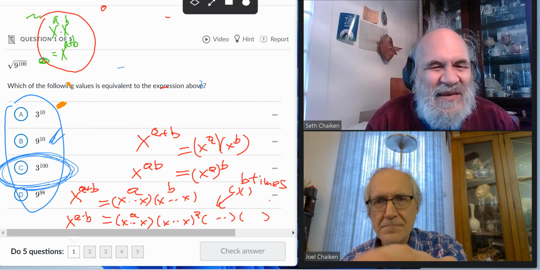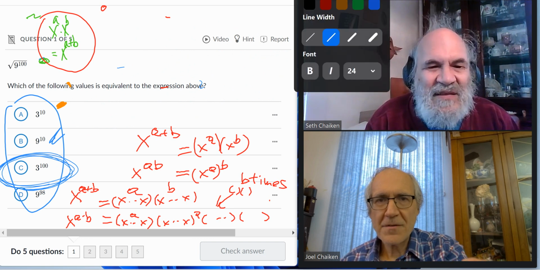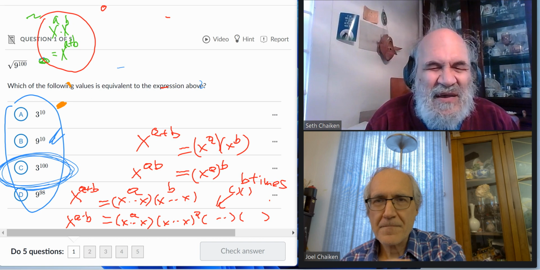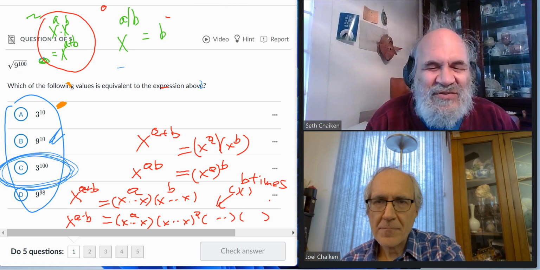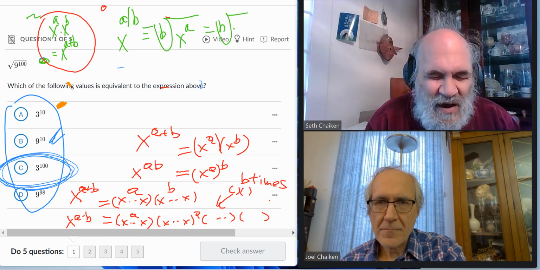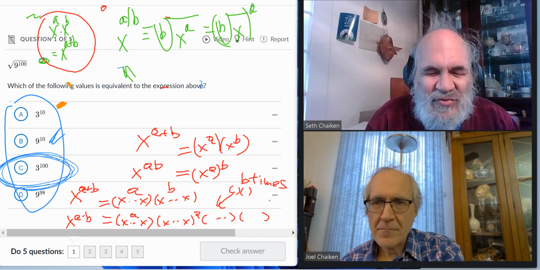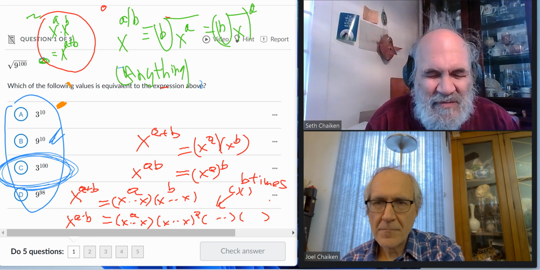And when the exponent is a product, the whole result is multiplying together these things in parentheses, each of which multiplies x by itself the same number of times.